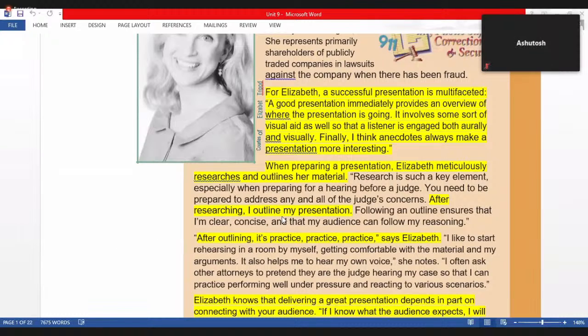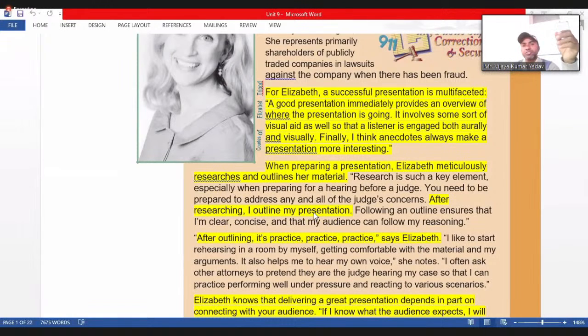After researching, I outline my presentation. So after the research is completed, she prepares the outline for the presentation. She prepares a list of topics and subtopics, because the topics and subtopics you are going to explain in detail before the audience must be clear to you.